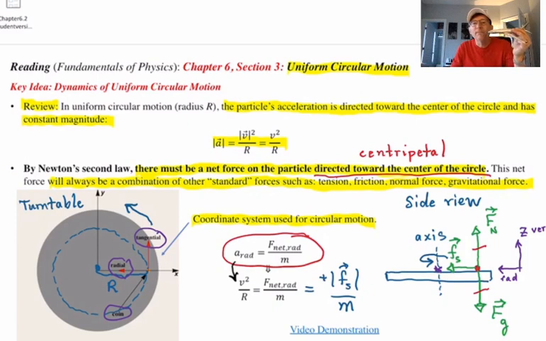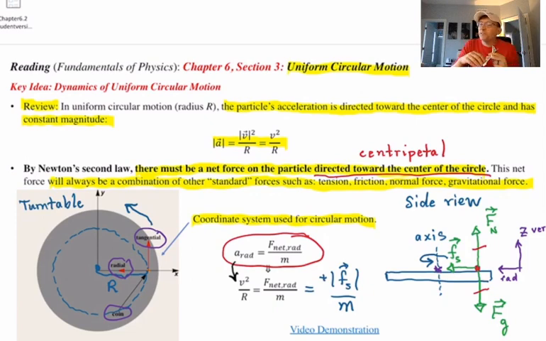Now the lift, which is always perpendicular to the wings, has one component vertically up, which can still balance F grav, and then another component pointing this way, and that's the way it's going to turn in its circular arc. So the force towards the center, my point is, in an airplane, comes from a component of the lift force from the wings.